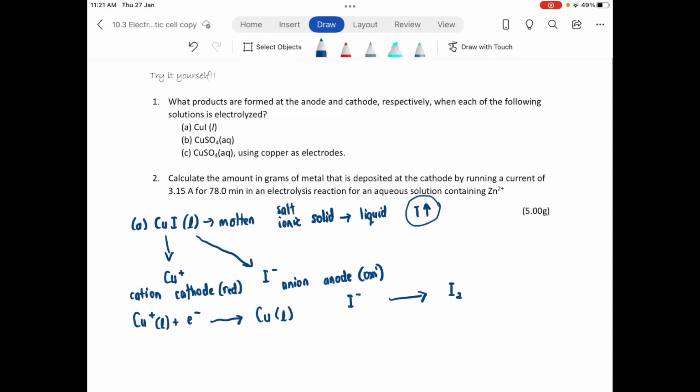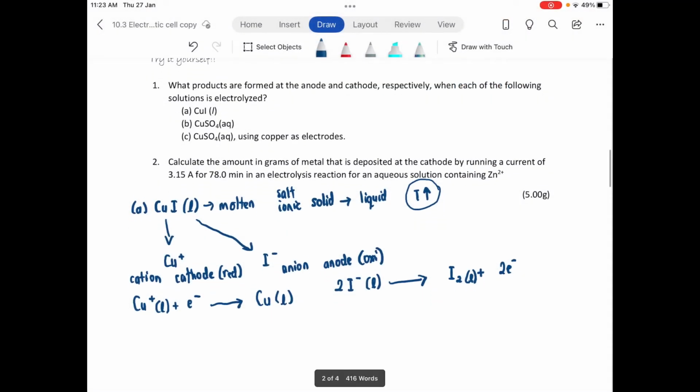Sebab iodine ni dalam keadaan biasa dia ialah molekul, dia bukan atom. So dia kena jadi I2. So nak jadi I2, dia kena donate 2 elektron lah. Tak boleh donate 1 elektron aja, sebab 1 elektron tu untuk atom. Sekarang ni dia molekul. So dia kena donate 2 elektron. And since the donation of 2 electron requires 2 iodide ion, so kita punya stoichiometric coefficient untuk I minus pun kena 2 juga. Okay. So I minus is liquid. Iodine is also liquid.